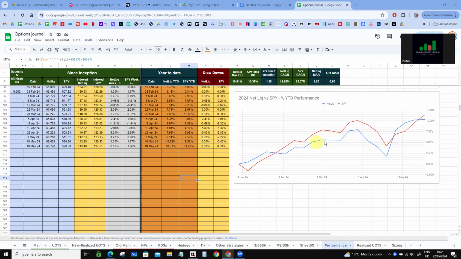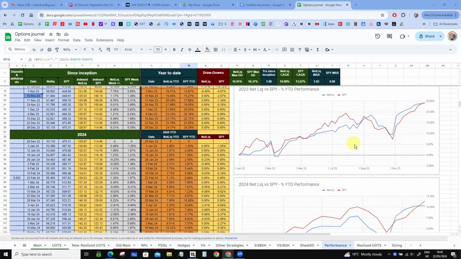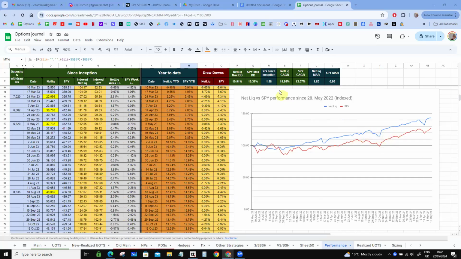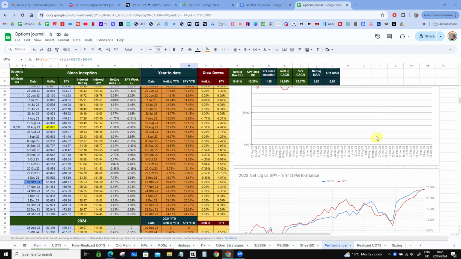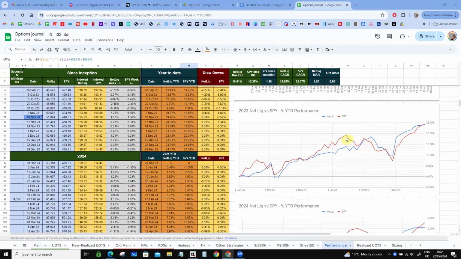So when you look at it like this, you might be thinking, why is this happening, or why am I just tracking the market? But when you zoom out, it looks a little bit better. Then I put the numbers here, and this is now measuring the maximum drawdown. From any high point going forward, from the high point to the low point, that would be a maximum drawdown. Like, for example, here, it would go from here to here.